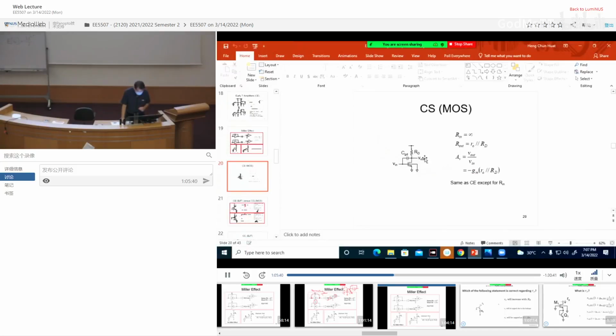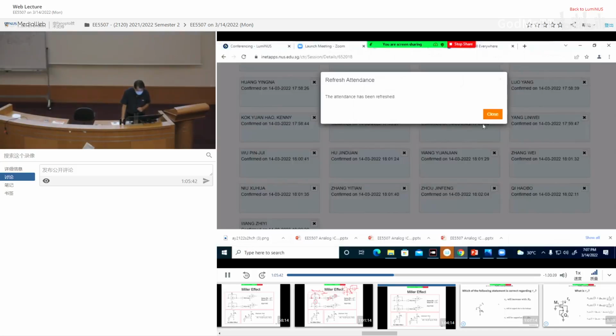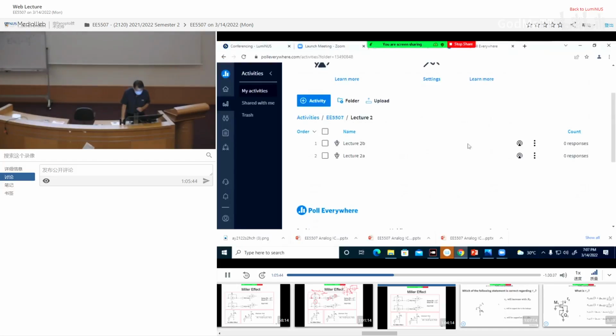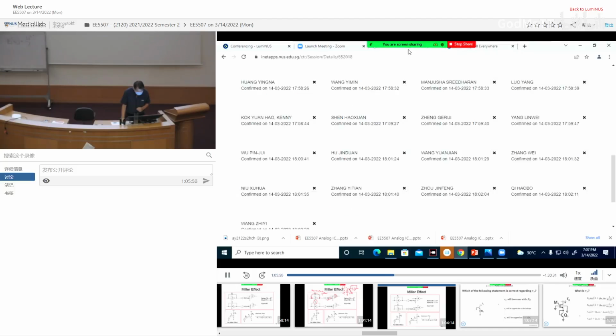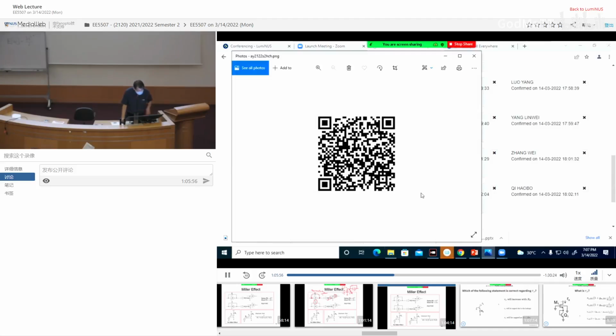I'm not calling it a stop. I want to do something here. Can you scan this? Can you scan this? Done?